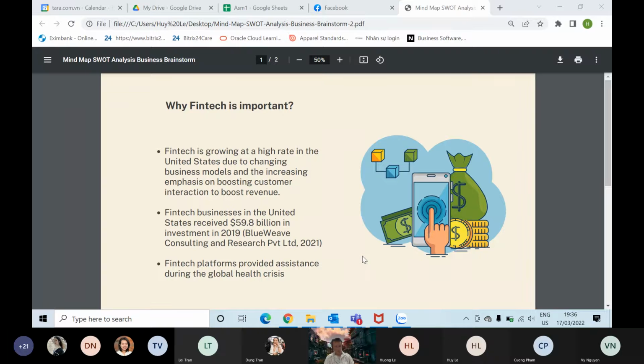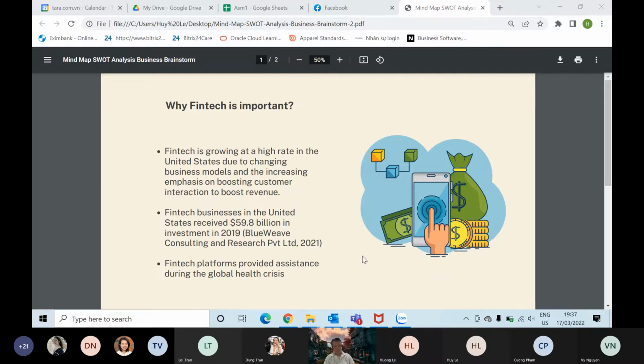The most popular example is the Momo e-wallet in Vietnam, which I think is most familiar to you here. Momo is a digital e-wallet that allows people to manage their finances. Other examples of fintech are peer-to-peer lending and crypto exchanges.